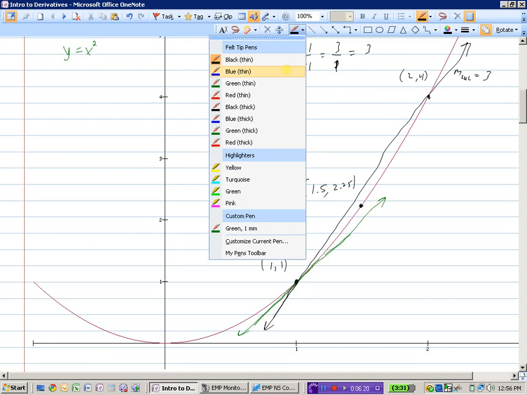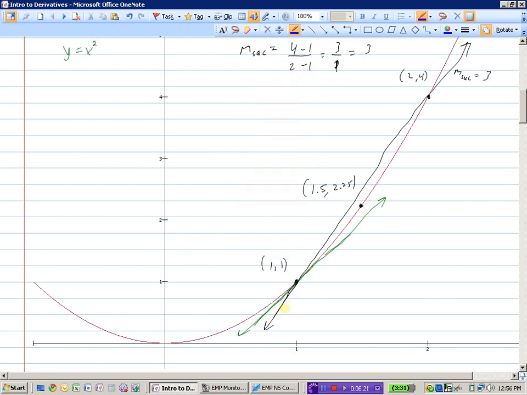Let's do that one in blue. Try to draw this here as best as I can. And if we figure out the blue slope, again it's a secant line, y value was 2.25 minus the y value of 1 over x value was 1.5 minus its x value of 1.